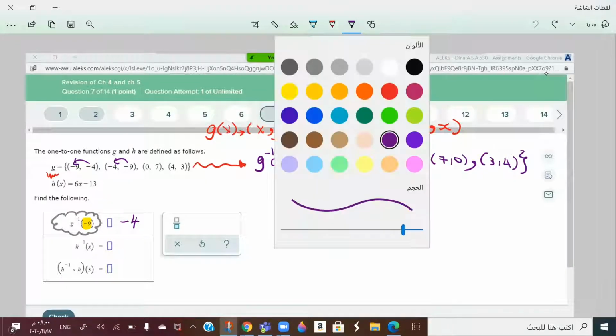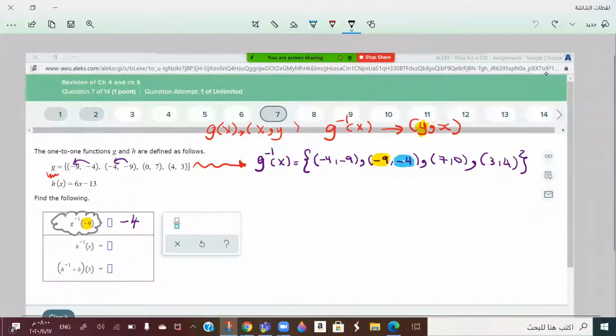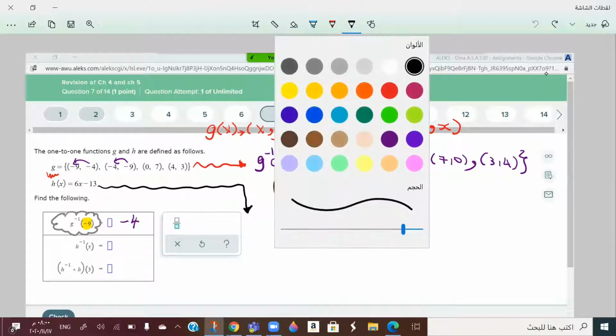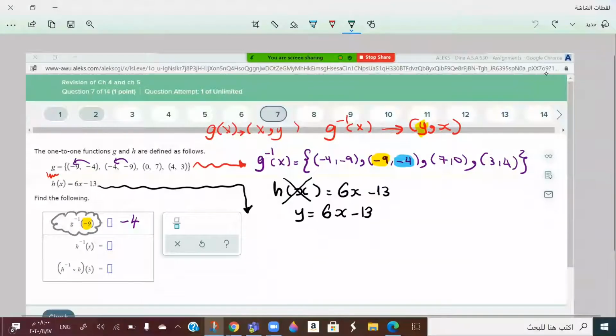What if it gave you a function? We have to follow the same steps. So h of x is equal to 6x minus 13. You have to remove the h of x and put y equals 6x minus 13. And as we did, we will be switching between the x and the y.